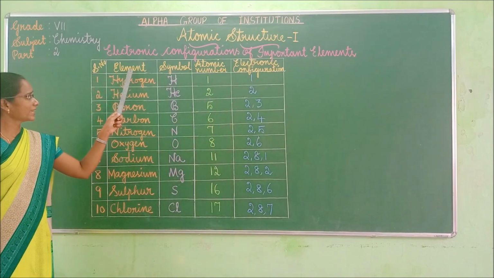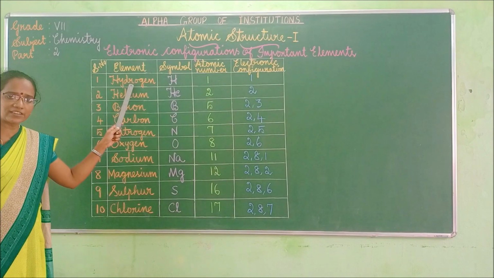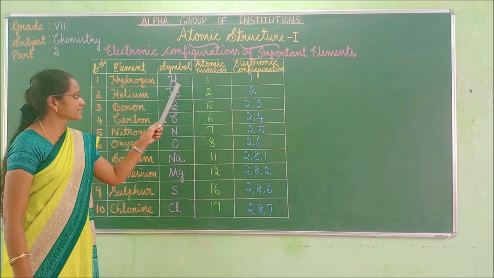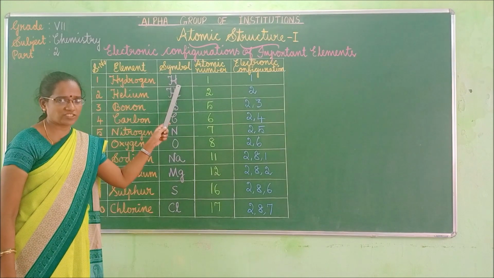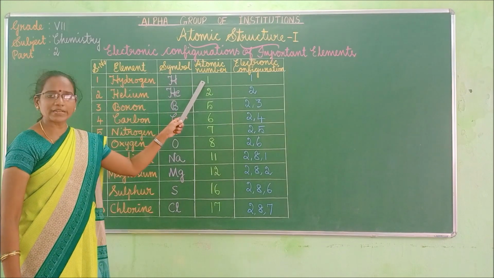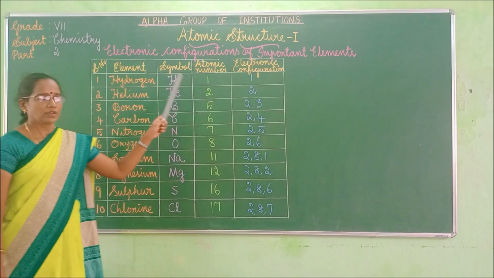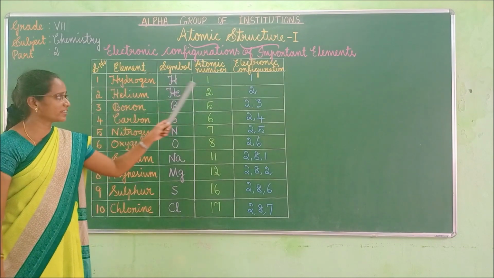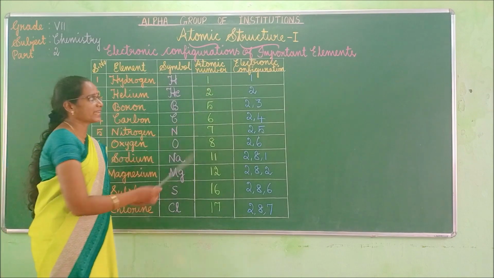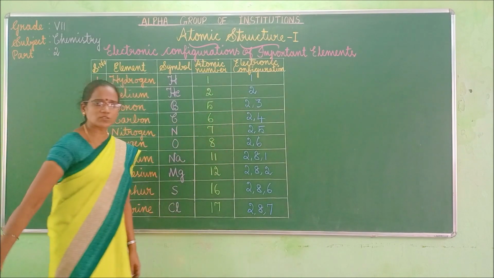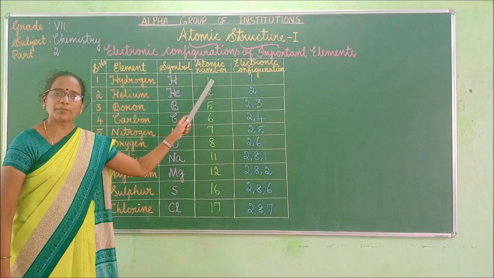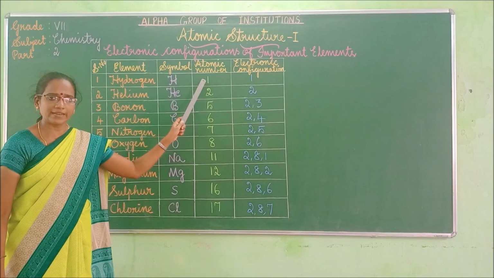Let me see the elements now. First one, hydrogen. The symbol of hydrogen is H. Its atomic number is 1, and its electronic configuration is also 1. Actually, atomic number tells us the number of electrons present in an atom.